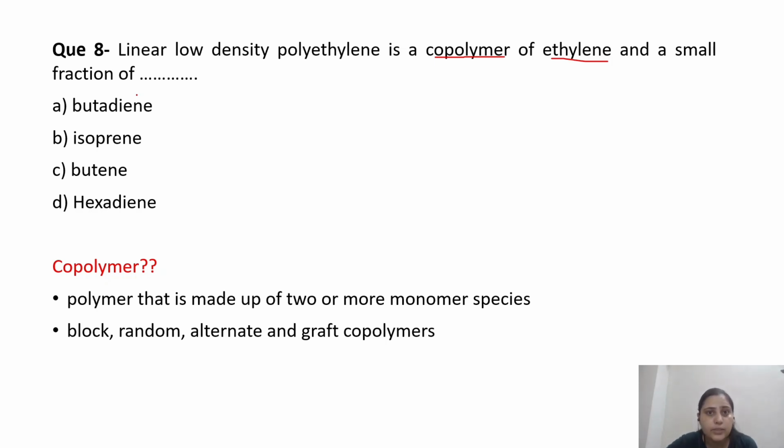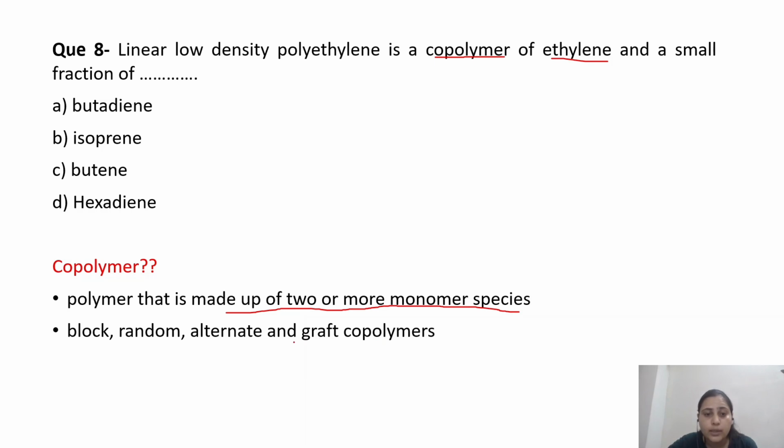So let's first discuss what a copolymer is. Already we have discussed that polymers are classified into homopolymers and copolymers. Homopolymers have one monomeric unit, while copolymers are made up of two or more monomeric units.